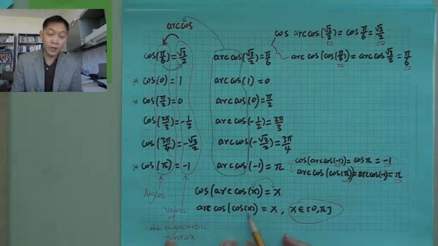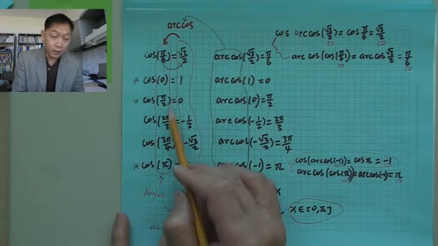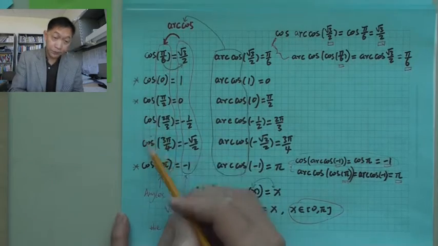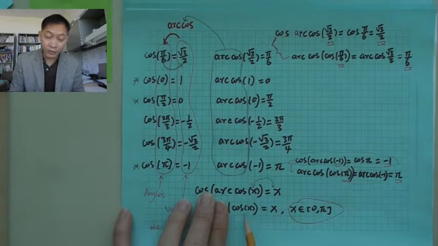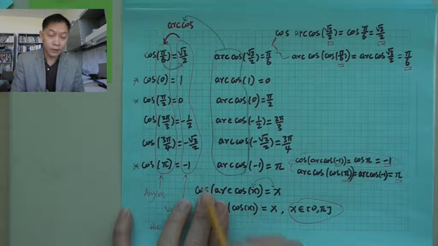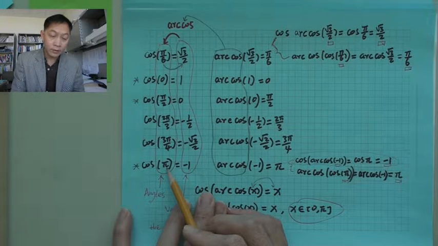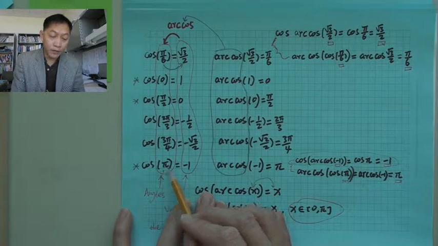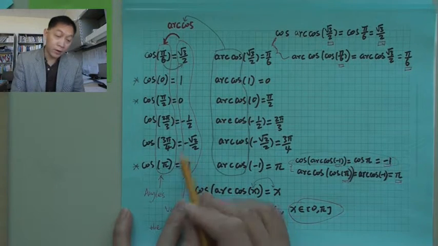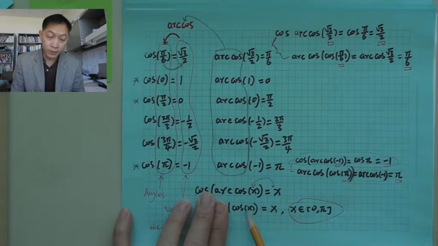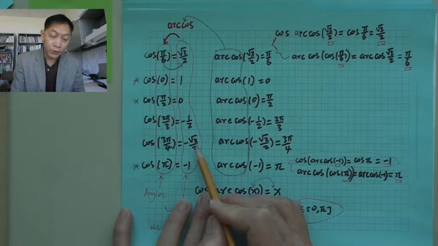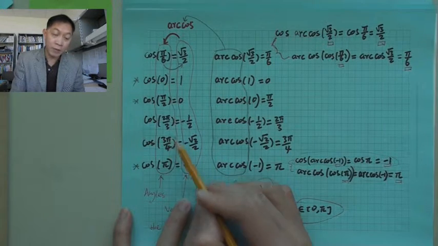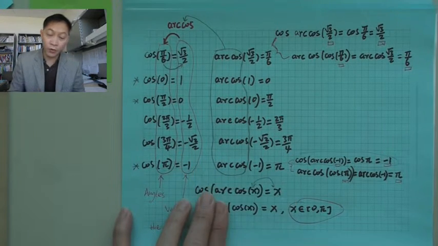Similarly, you can initiate from the left-hand side, this circle. So you can initiate from cosine, and then end up with the value, and then using arc cosine, get back to this same value, 3 pi over 4.